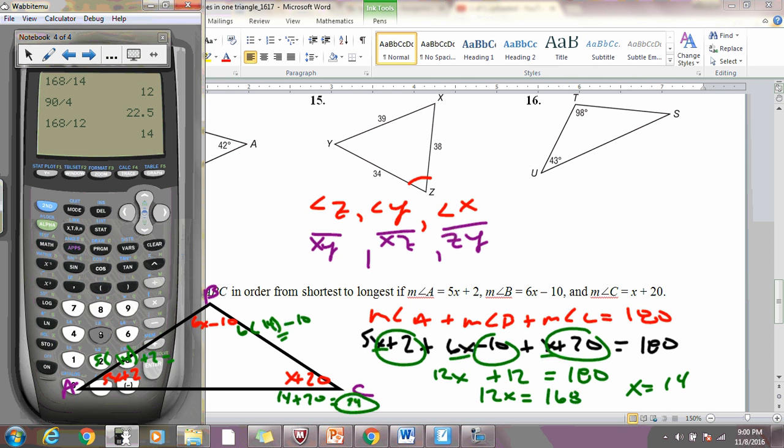Okay. 5 times 14 plus 2 is 72. And then 6 times 14 minus 10, 74. So 72 and 74.